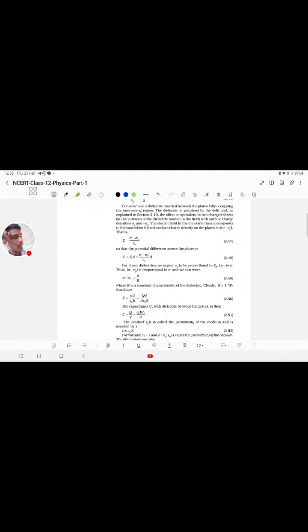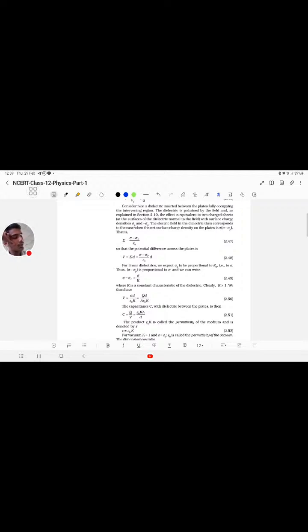Basically, we know that the electric field is going to be equal to sigma minus sigma p by epsilon naught, and V is equal to Ed, and since this is also equal to sigma by k, so sigma minus sigma p by epsilon naught times whatever the distance in between them, that's equal to sigma by k epsilon naught times d, which is q by A k epsilon naught times d, that is equal to the potential difference.